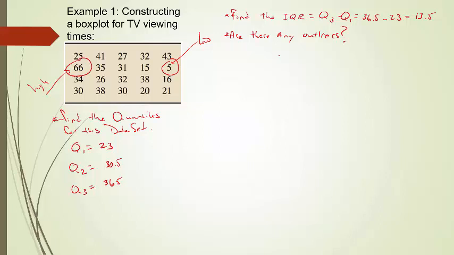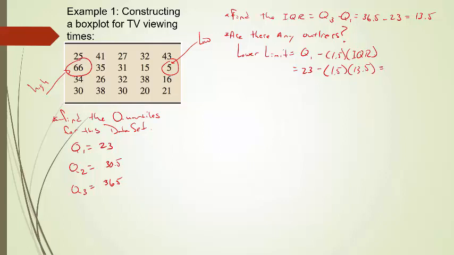How you show an outlier on a box plot is very important and very different. So you need a lower cutoff, or lower limit. Just use your formula: Q1 minus 1.5 times the IQR.